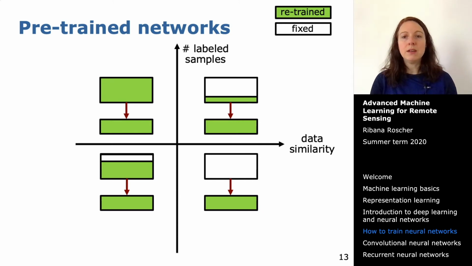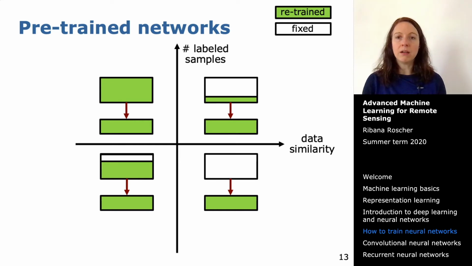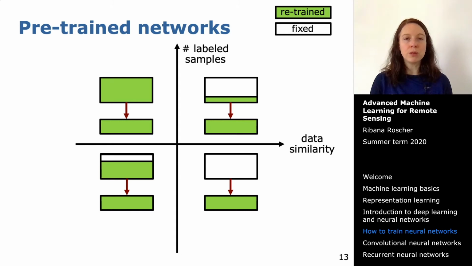So what you can see here is some suggestion depending on what you should retrain, depending on how similar the data is and how many labeled samples you have. With data similarity, this can be tricky because it's hard to say how similar a task is to another task. But if you, for example, have aerial images or satellite images, of course, it's quite similar to other satellite images.